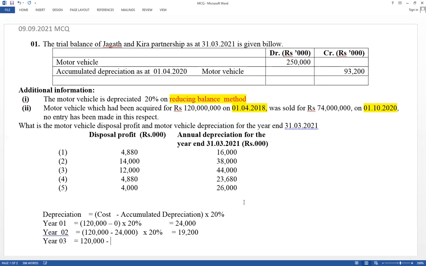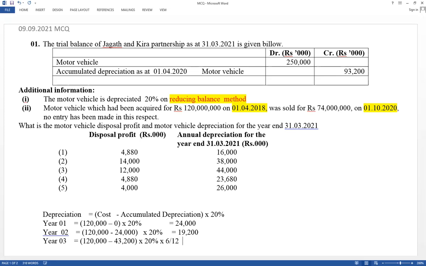As accumulated depreciation, take both year 1 and year 2 values. Therefore, 24,000 plus 19,200, total value equals 43,200, into percentage, but only 6 months are available. Accumulated depreciation into percentage 20%, into 6/12.